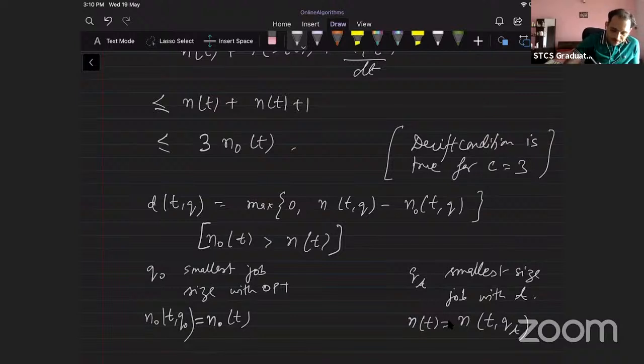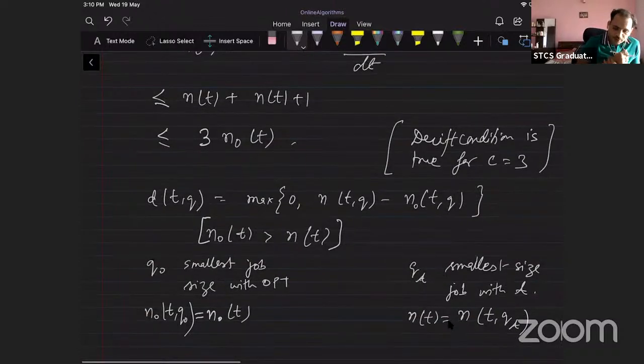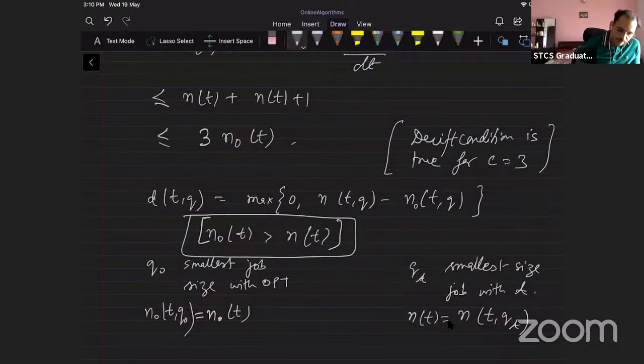Everybody remembers the definition of N of T comma Q, right? If you look at the smallest job, N0 of T is nothing but the number of jobs greater than or equal to the smallest job. So N0 of T comma Q0 is equal to N0 of T, and N of T is equal to N of T comma QA. Now you can say whatever you want to say. So all I'm given is this condition is true.